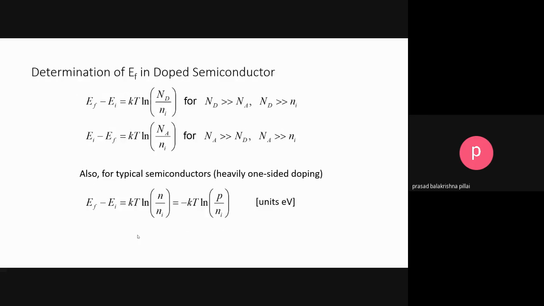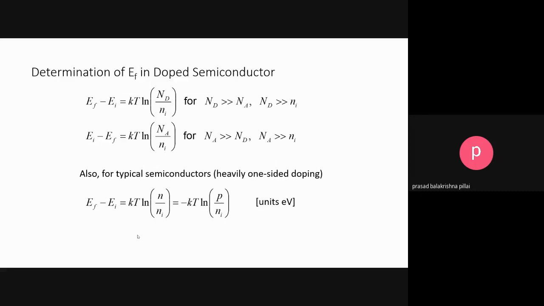Now, determination of Fermi level. Again, you can find out where the Fermi level is using the same earlier equation which I mentioned. Using that, we can find out the position of the Fermi level. So Ei is the intrinsic Fermi level, that is close to the middle.